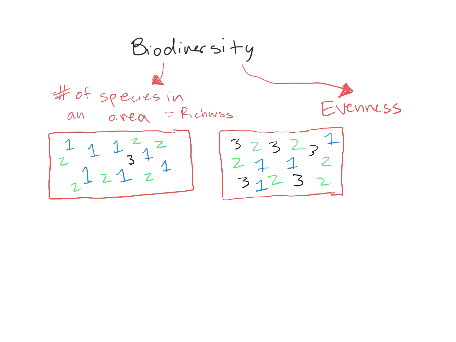We won't do the actual calculations on that because it's a little bit harder, but just to let you know, there are different ways to measure and keep track of biodiversity that give you a little more information than just how many species are in an area, because sometimes that might be important.